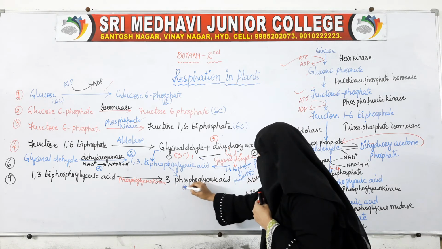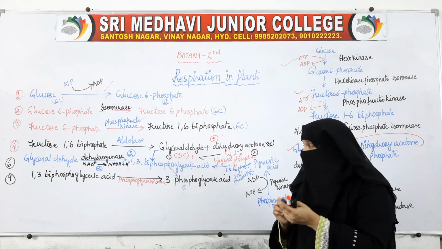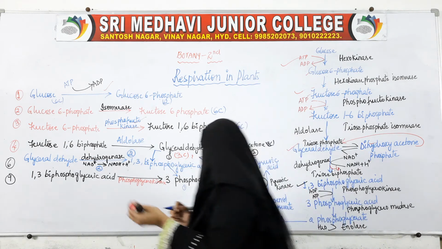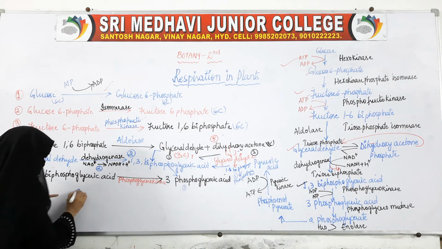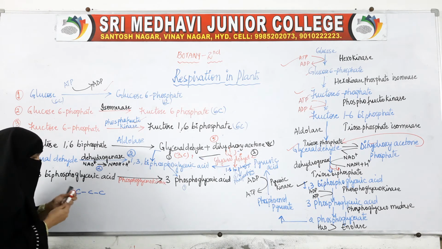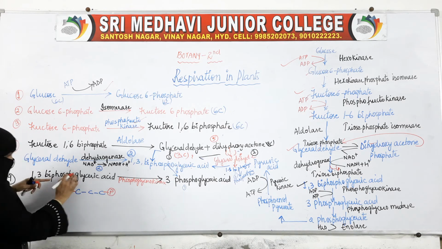Okay. This is one, this is another. Now, in this, what is happening is phosphate is being released. So, how many phosphates were there? 1, 2, 3. So, one phosphate and one phosphate, this structure.